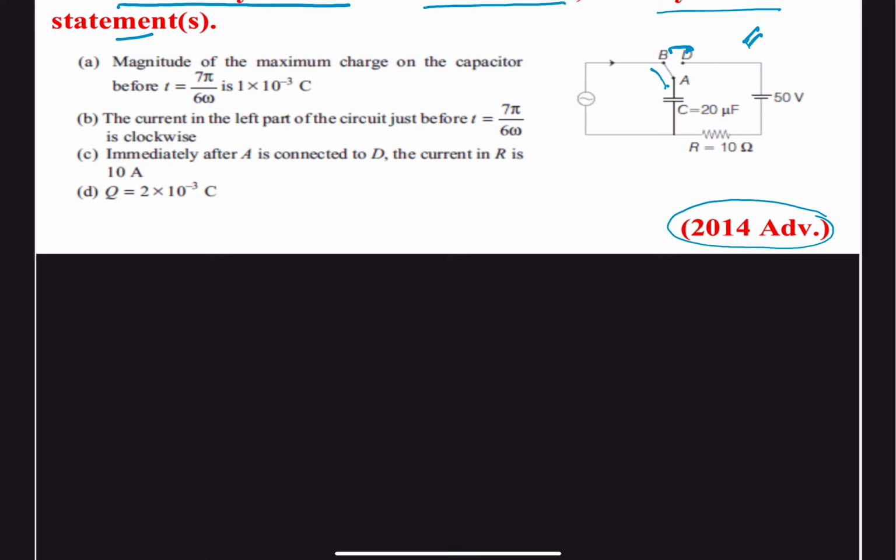In this case, we are going to first of all draw the graph for what will be the current through the capacitor and voltage across the capacitor when A is connected with B. Okay. So it is given that I of t is equal to I naught cos omega t, where I naught is 1 ampere.